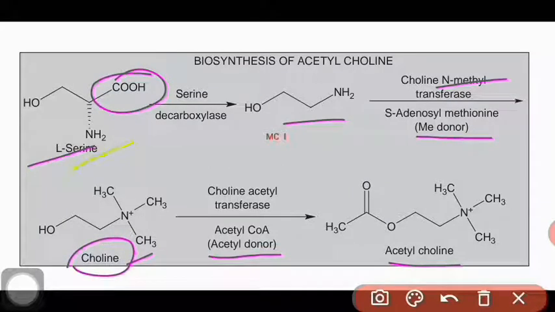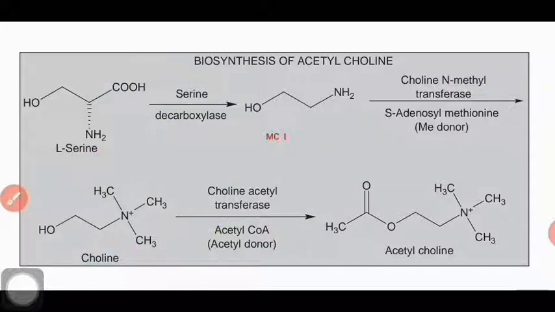This choline reacts with acetyl-CoA, which was produced from acetate and coenzyme A. In the presence of choline acetyl transferase, this gives acetylcholine.